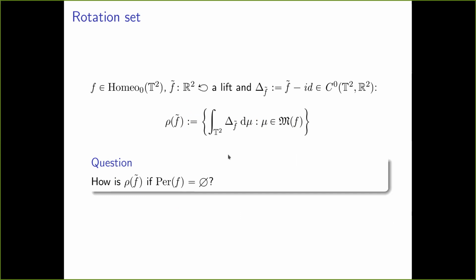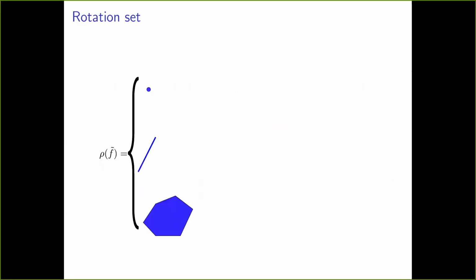You consider this set here. This is a compact, convex, non-empty set, which means that you have three possibilities. The rotation set is either a point, a segment, or it has non-empty interior.